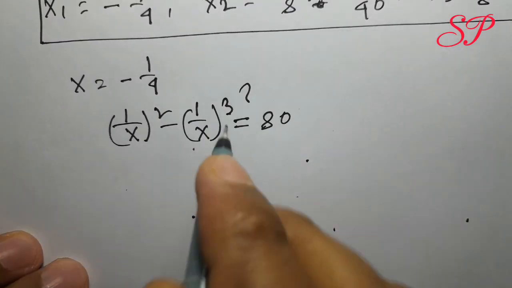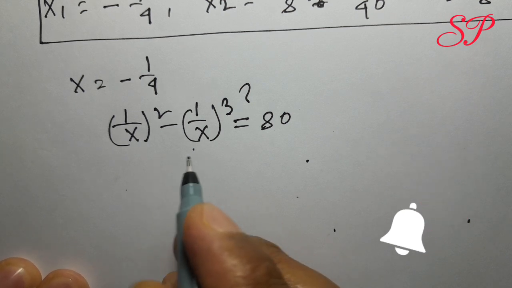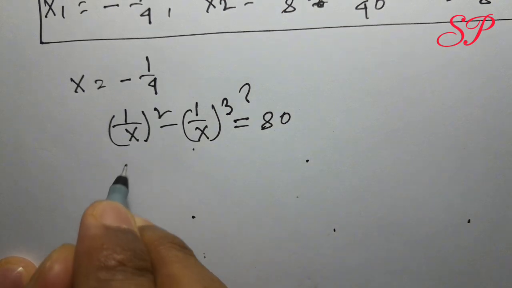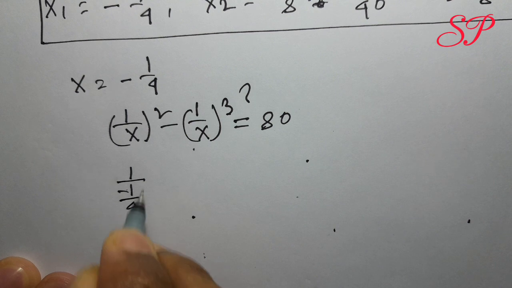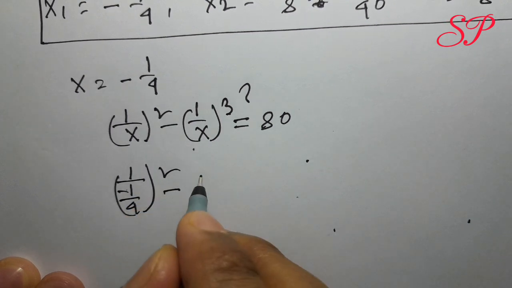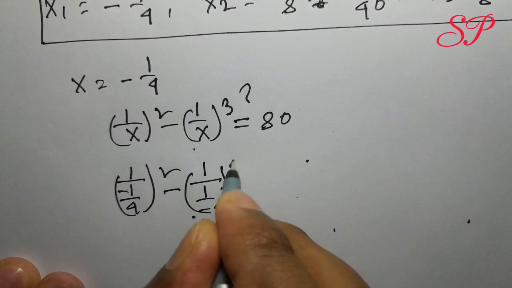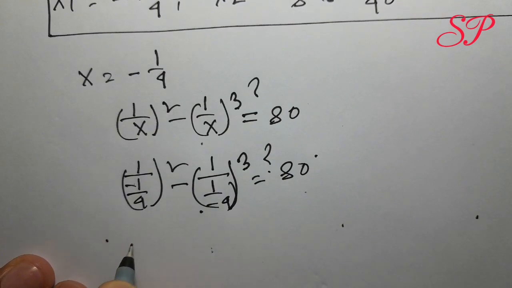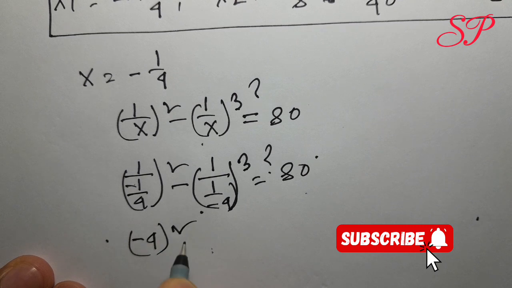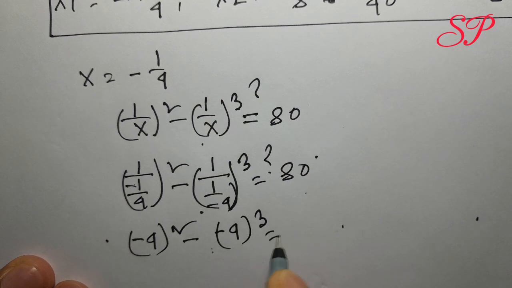Now we put x is equal to minus 1 by 4, so we can write here (1 by minus 1 by 4) all square minus (1 by minus 1 by 4) all cube is equal to 80, and we can write (minus 4) all square minus (minus 4) all cube is equal to 80.